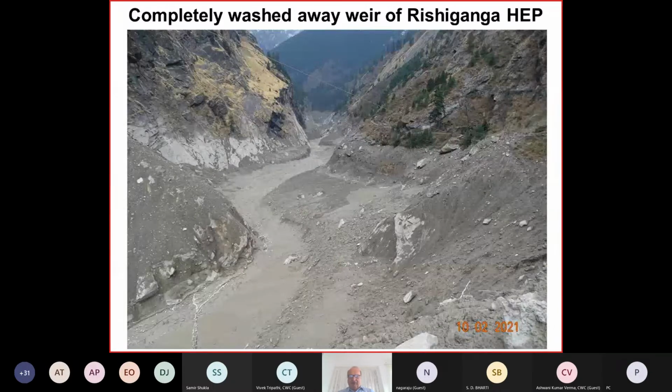And this is after the event. We can see this structure, or concrete structure, massive structure, is also completely washed away.